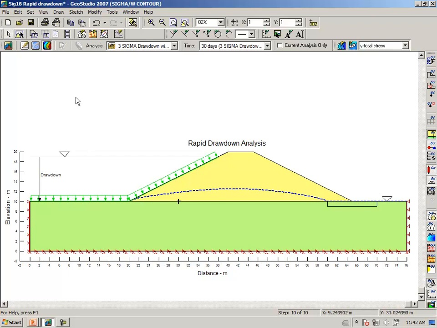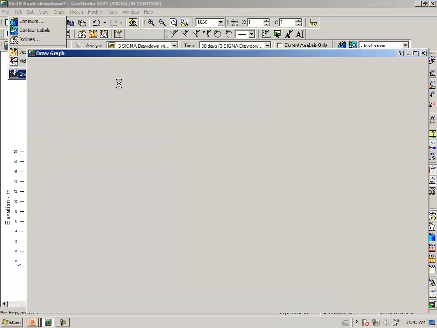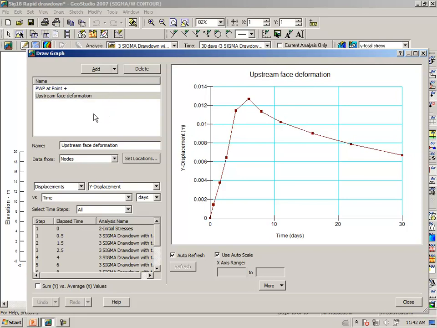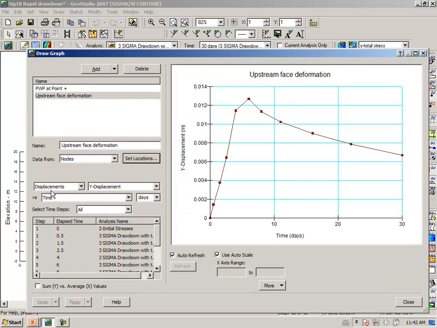Going to the results view and looking at some of the highlights of the results under Draw Graph, what's rather interesting is that if we look at the deformation at a particular point, we are looking at the vertical deformation at the toe of the embankment here. So we are plotting y displacement versus time, and it's interesting that the embankment and the ground is rebounding.